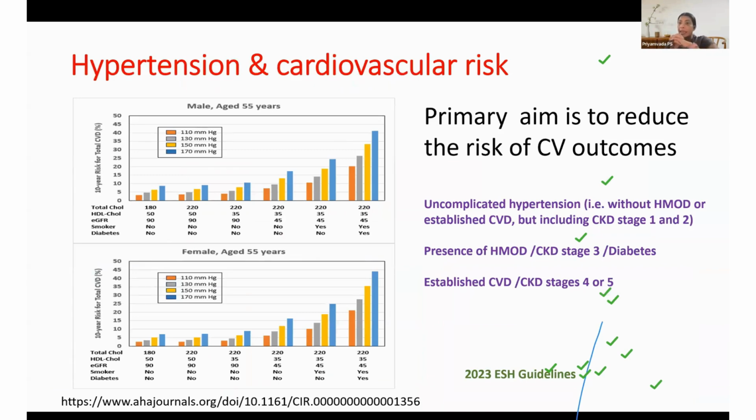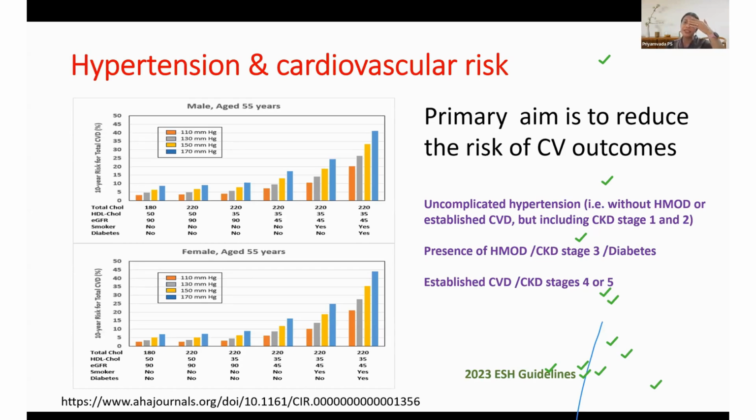Now, the primary aim of treatment of hypertension is to reduce the risk of cardiovascular outcomes. You can have uncomplicated hypertension, which means the patient has an elevated blood pressure, but there is no hypertension-mediated organ damage and no cardiovascular disease. There might be milder degrees of CKD, stage 1 or 2, because there is an age-related decline also.